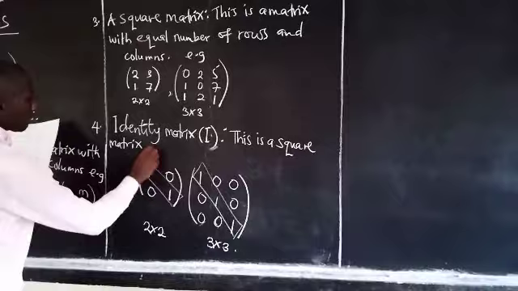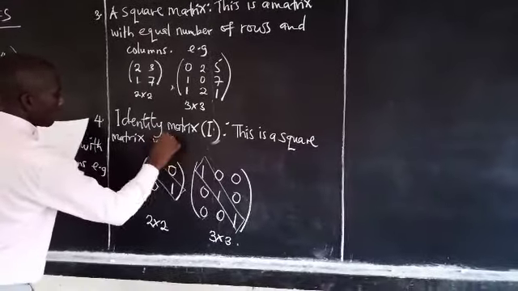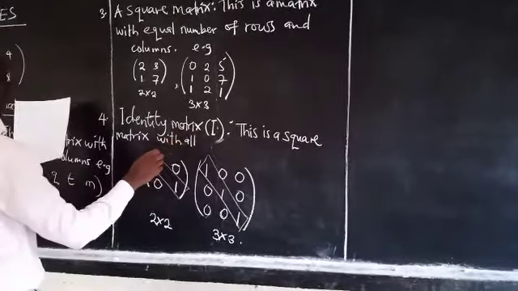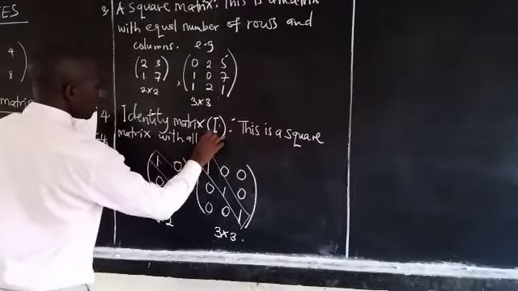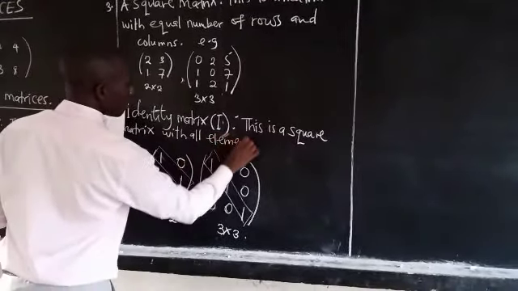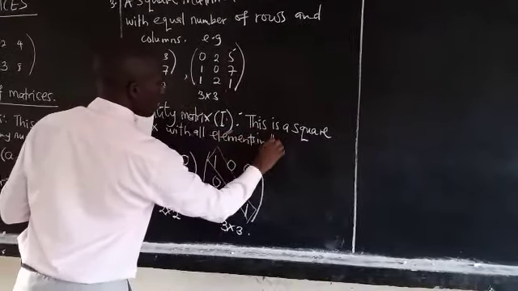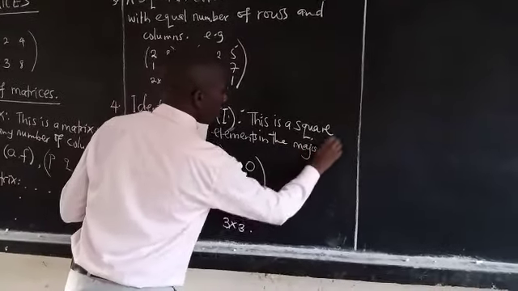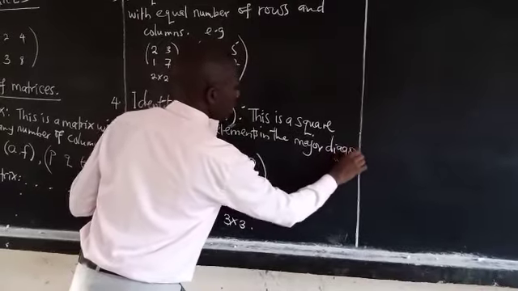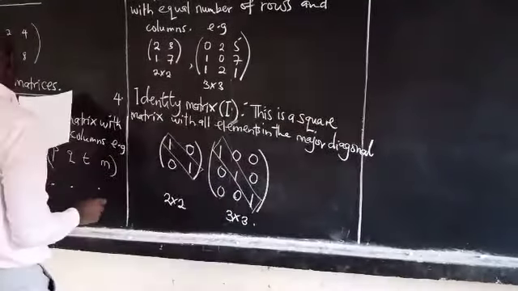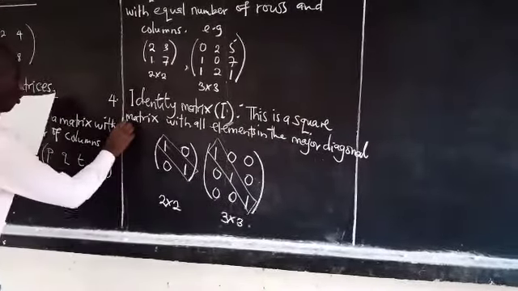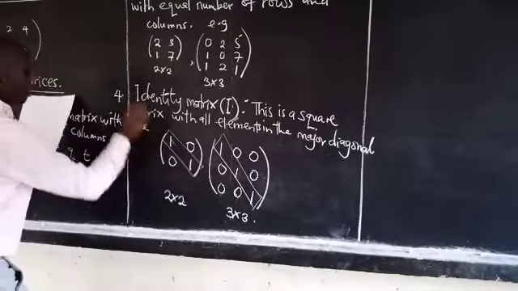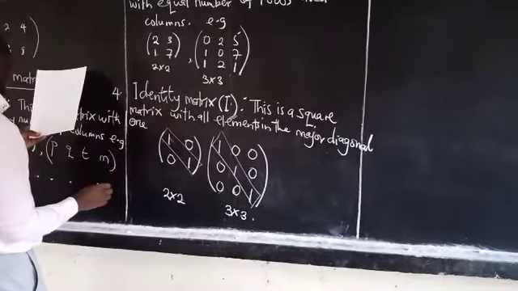This is a square matrix with all elements in that major diagonal 1 and the rest zeros.